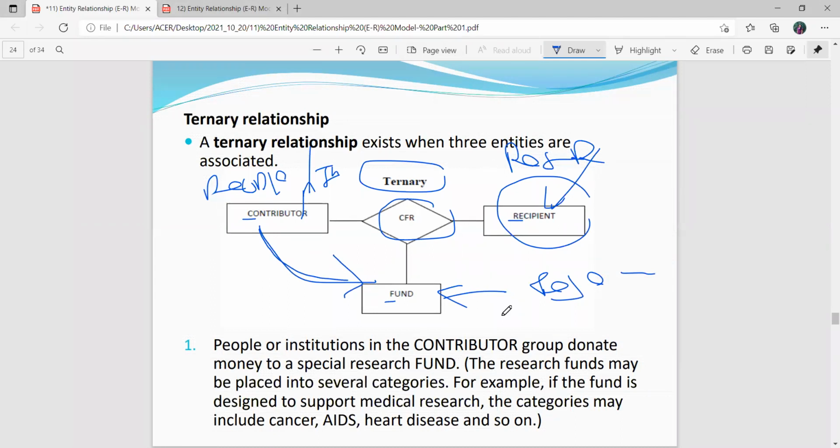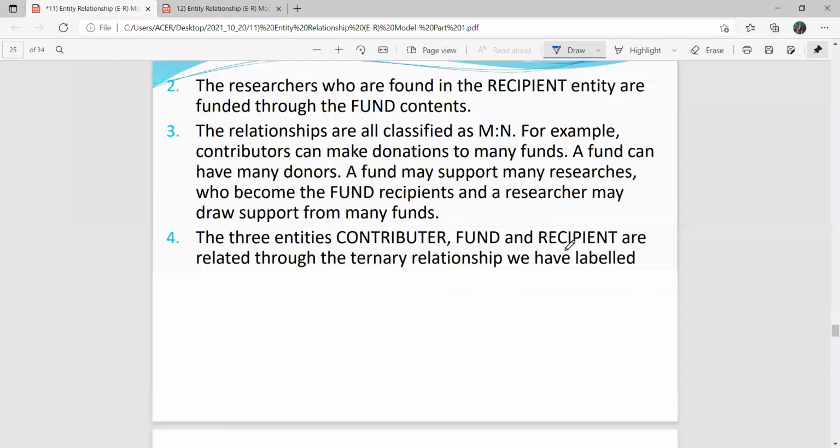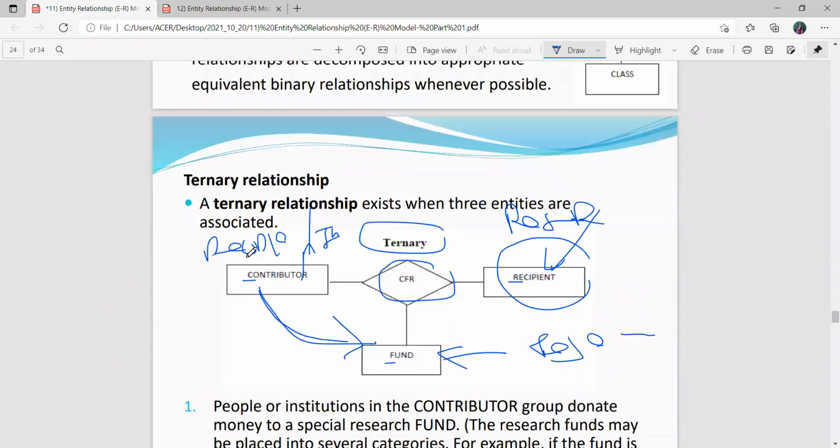So you can see three categories for the same scenario. Within one relationship, you can see three entities. Then you can use the first letter of each entity to denote the relationship in the ternary relationship.